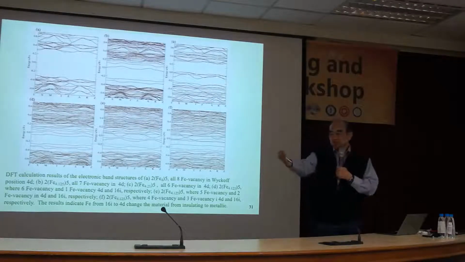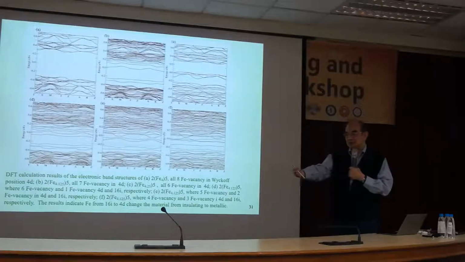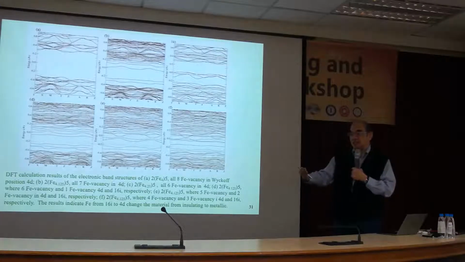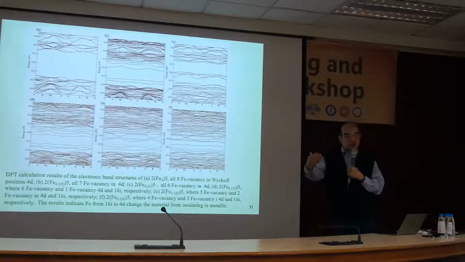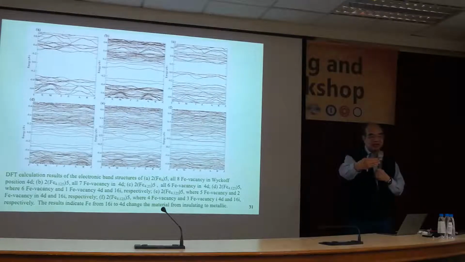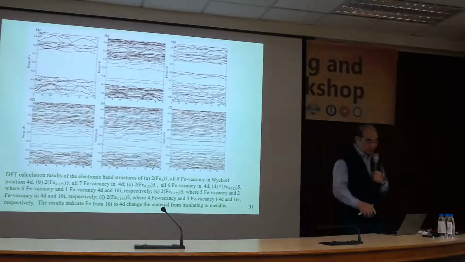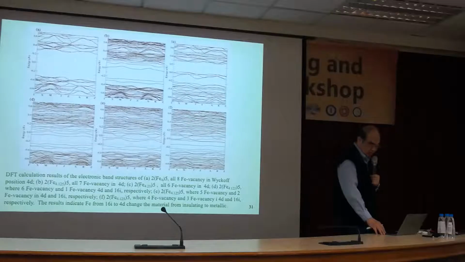But what is really important for this is the so-called phase separation. You have two electronic phases. It's not a crystal phase. Because one has extra iron at the 4D site you occupy, and the other one has the empty site. So we have two different electronic states in this system.